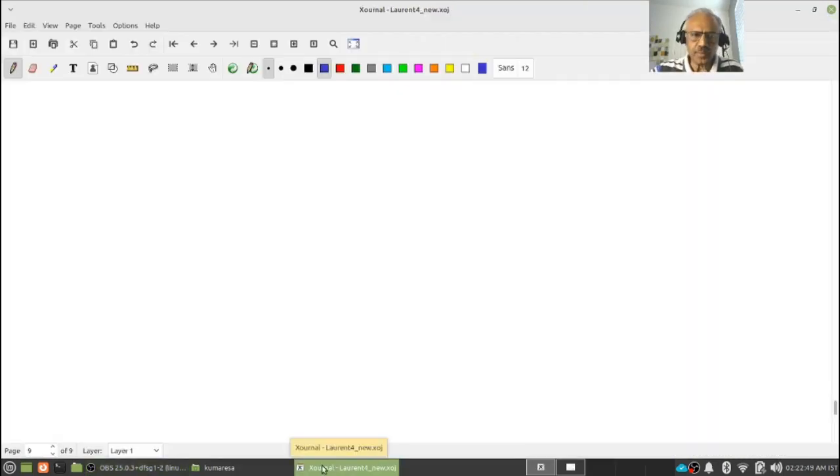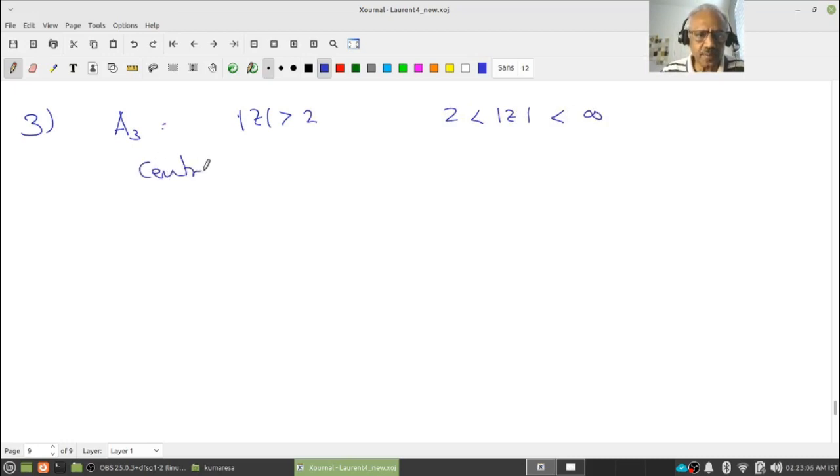Now let's look at the Laurent series expansion of that function in the third annular region. It's exactly similar, except I hope I don't get confused when I'm doing computations. My annular region A3 is mod z greater than 2, that is the same as 2 less than mod z less than infinity. Therefore, what is the center of the annulus?